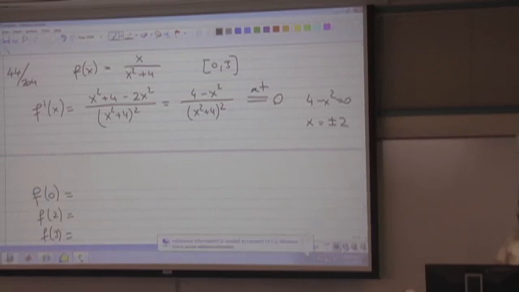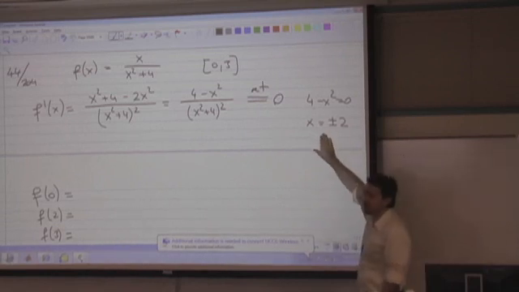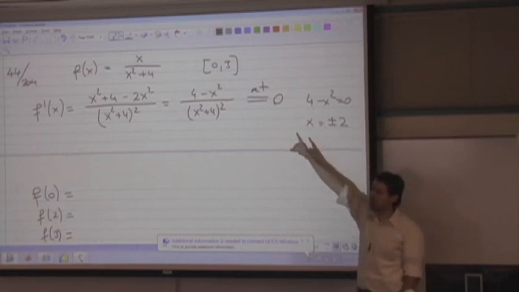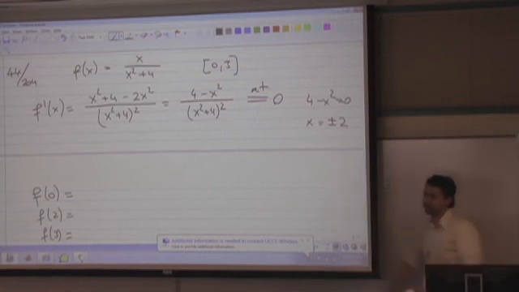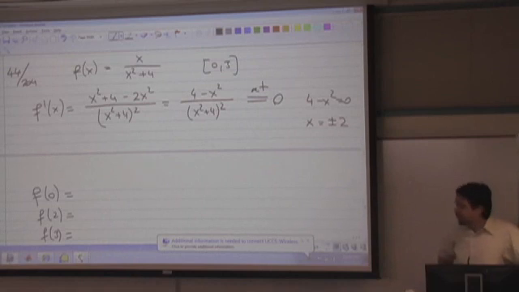We don't test f of negative 2 because the interval we're looking for is between 0 and 3. So this is what I was saying on Friday. You have to make sure you exclude all the critical points that aren't in your target domain. I'm very confident you can plug in these numbers and come up with the values and figure out what the minimum and maximum is. Yes?